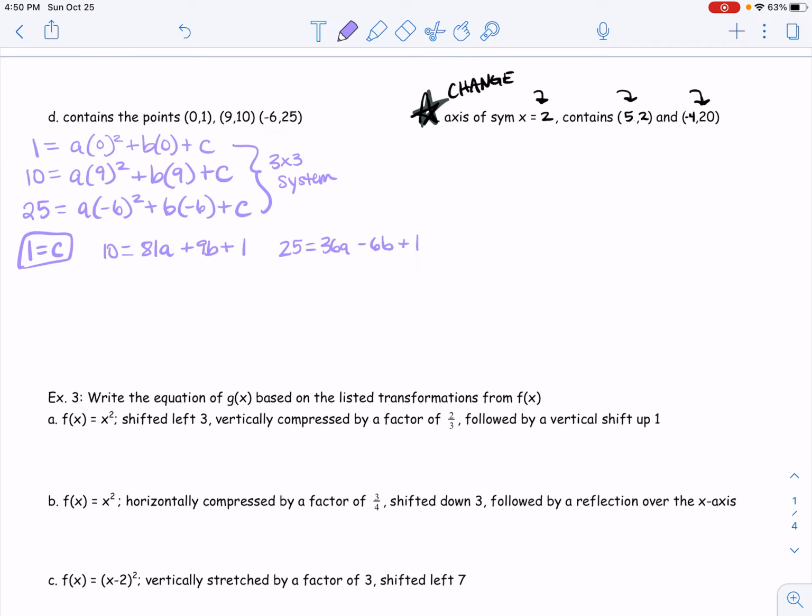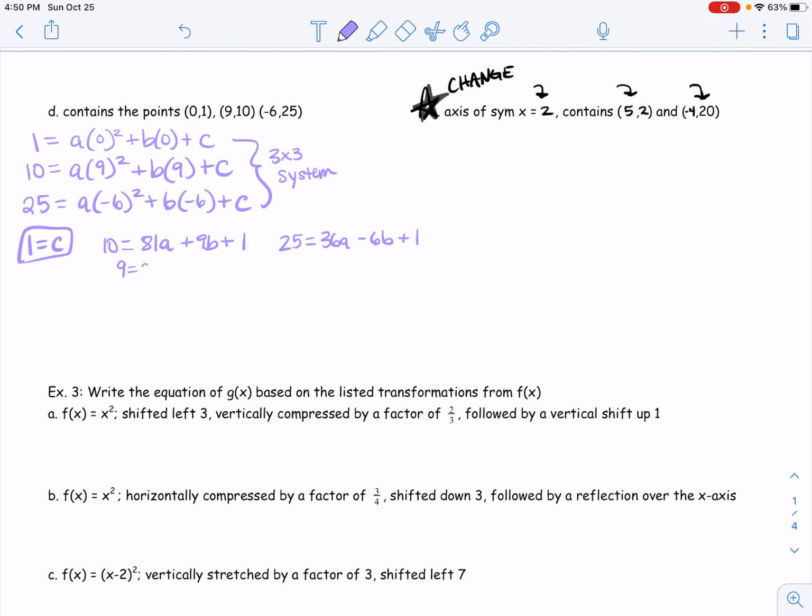And so what I can do is simplify a little bit further. So over here, I subtract the 1. I get 9 equals 81a plus 9b. Everything is divisible by 9, so 1 equals 9a plus b. Over here, 24 equals 36a minus 6b. Everything's divisible by 6, so this is 4 equals 6a minus b.